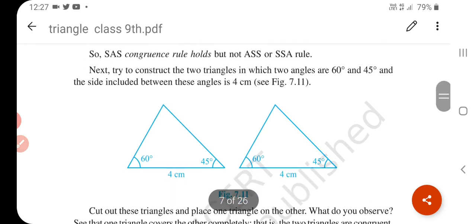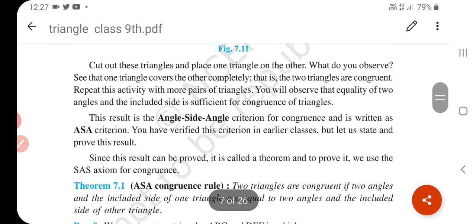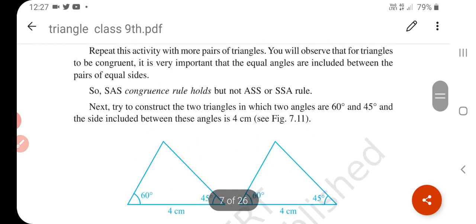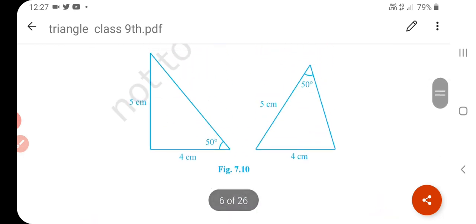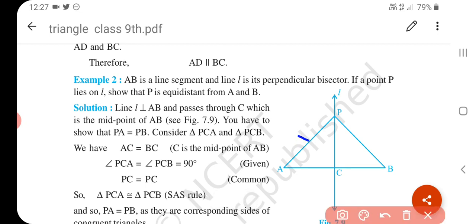If we talk about these two sides, then the angle formed by those two sides is the one we need. If two sides and the included angle, in this figure we can say this side and this side, so we can talk about this angle.